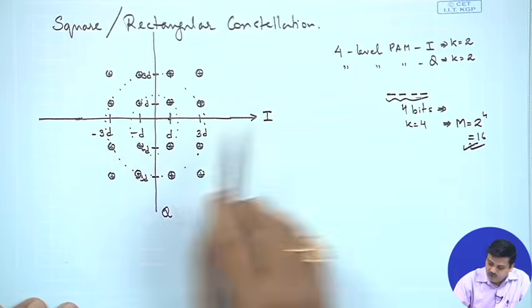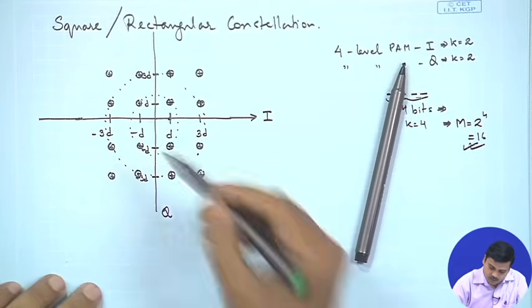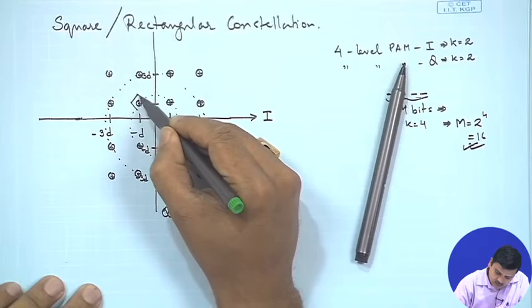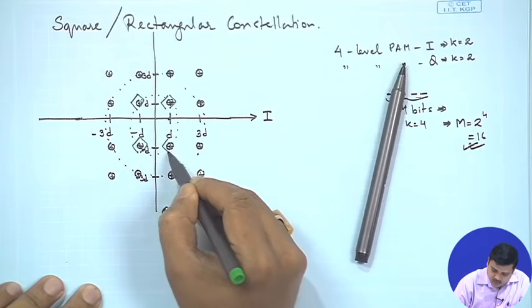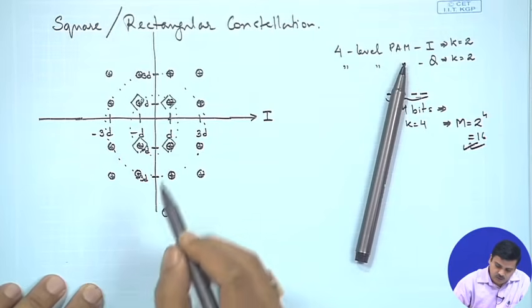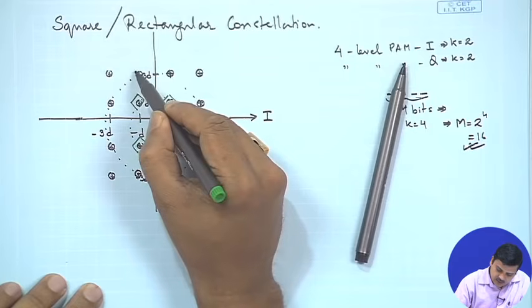Now if I would select, let us say, these are the 4. Along with this, I could select, let us say, these.